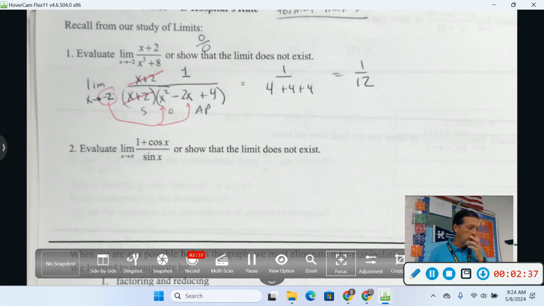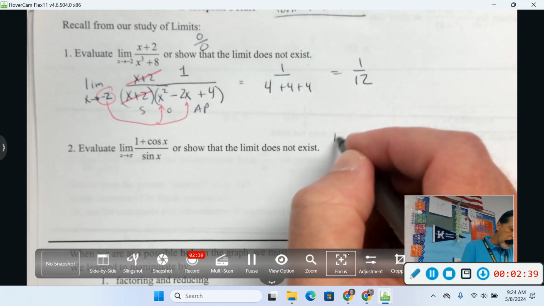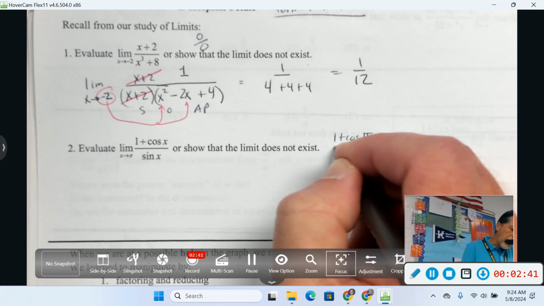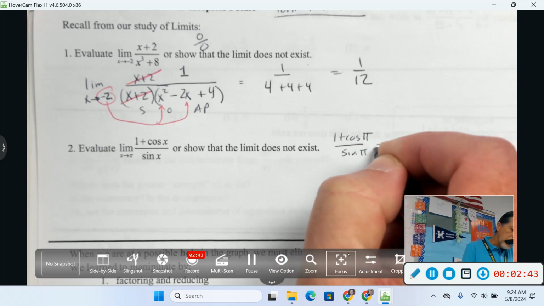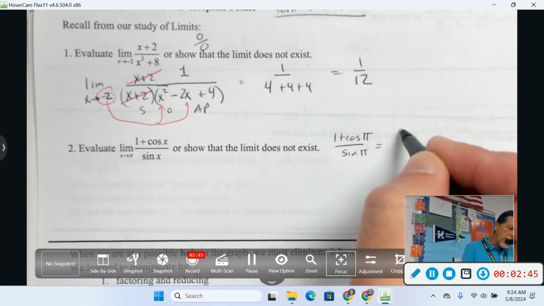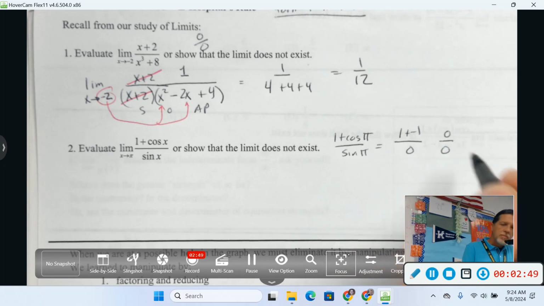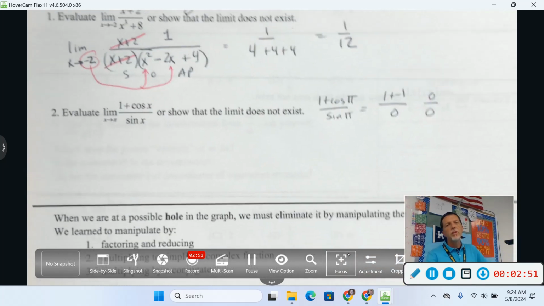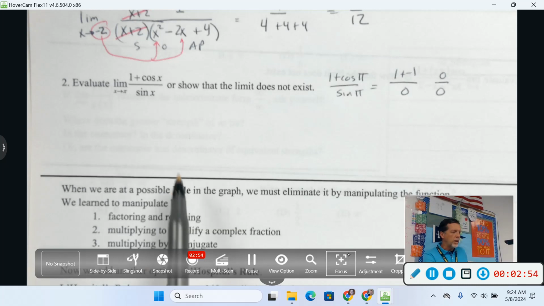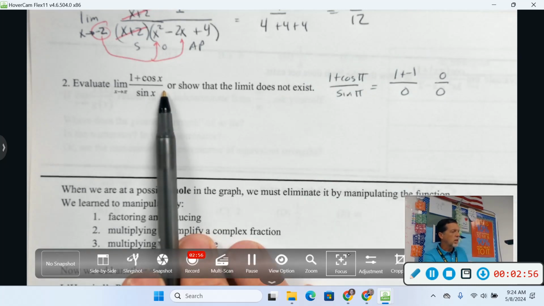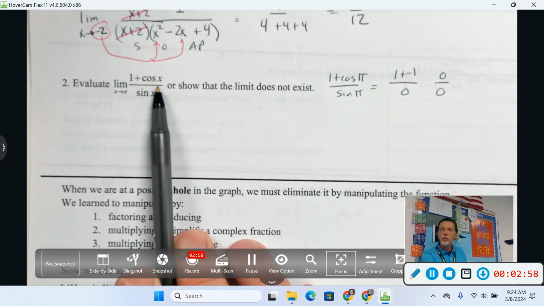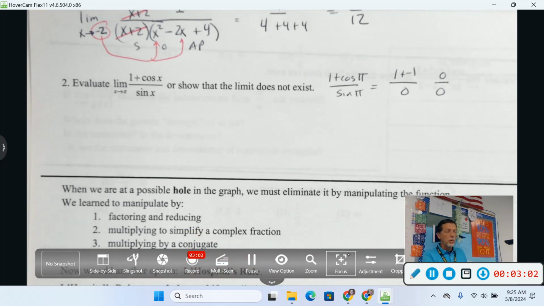Number 2, if we plug in pi, 1 plus cosine of pi over sine of pi. Cosine of pi is -1. Sine of pi is 0. We can't have 0 over 0. So, do you remember how we fixed this one? What algebra trick we would use? We will eventually use sine squared plus cosine squared equals 1.